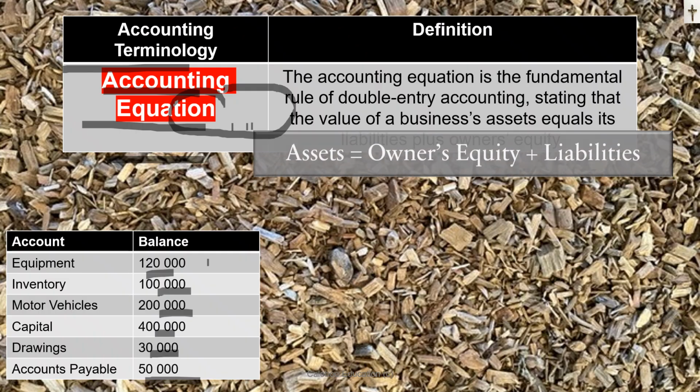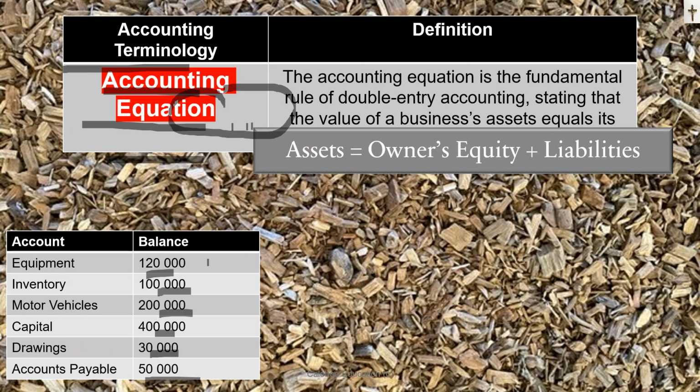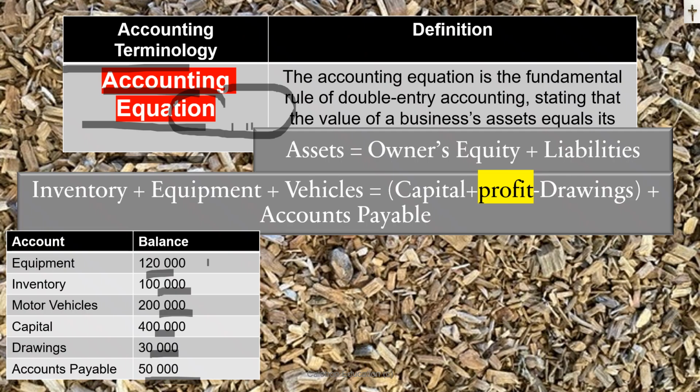So we use the accounting equation, assets equals owner's equity plus liabilities. You substitute in inventory, which is an asset, equipment, vehicles, all the assets, is equal to, in brackets, owner's equity. I've expanded owner's equity: capital plus profit minus drawings. And liabilities is plus accounts payable.